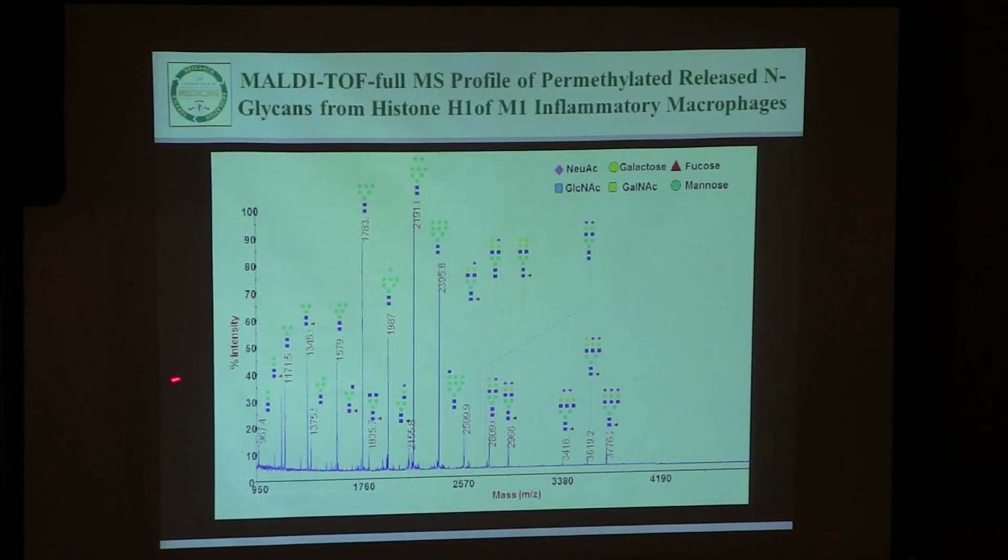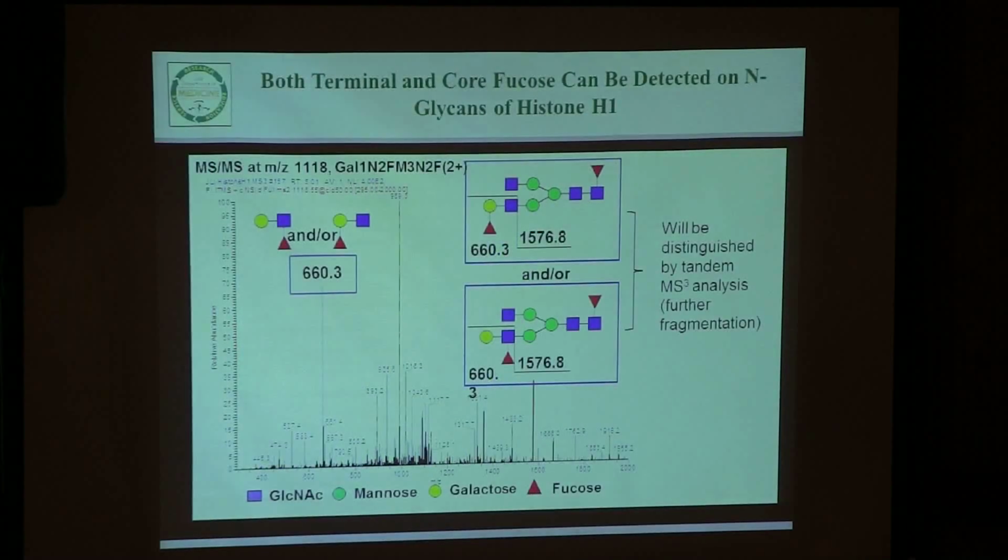There are totally 23 different N-glycans that can be detected from H1. These glycans also had core fucosylation or terminal fucosylation.